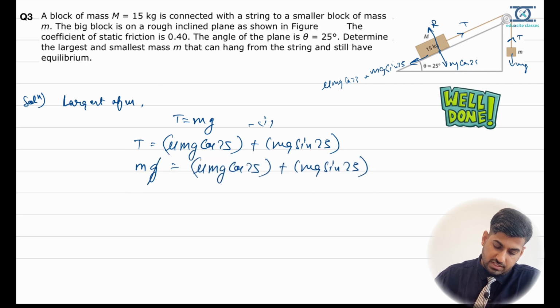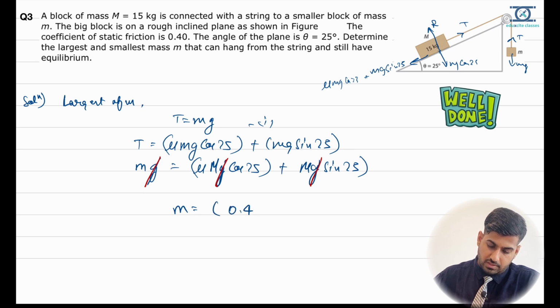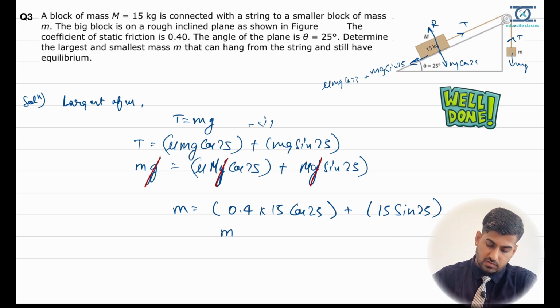And here g gets taken out and cancelled, and capital M is there, and small m comes out to be mu, which is given as 0.4, capital M is 15, times cos 25 plus 15 sin 25. If you solve this, you will get the value of small m. For the largest value of m, I have already done the calculation, it is near about 12 kg.